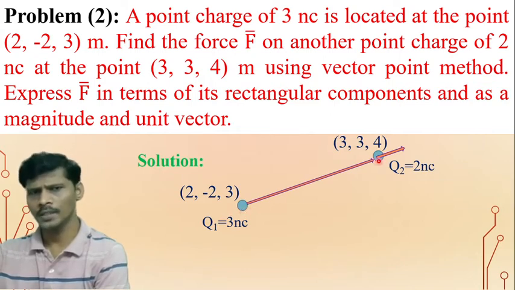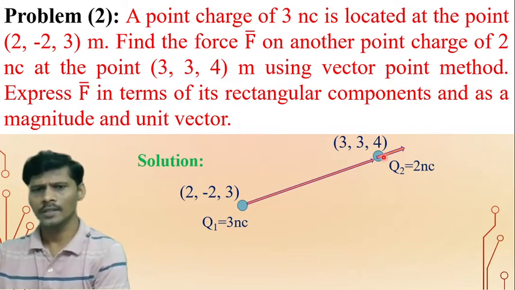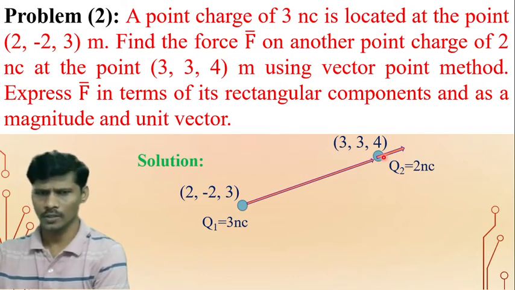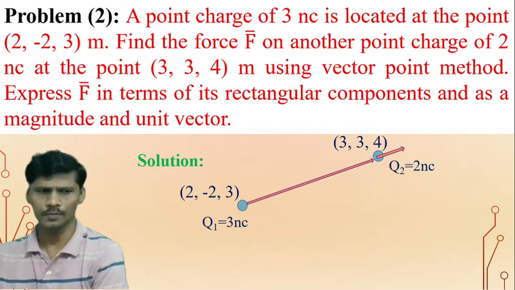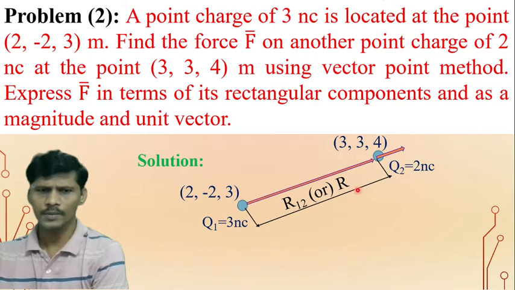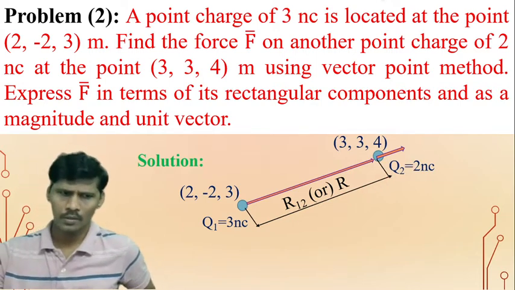Because the force is calculated on the second point charge, draw the vector line from charge Q1 to charge Q2. The distance between these two charges is capital R or R12.